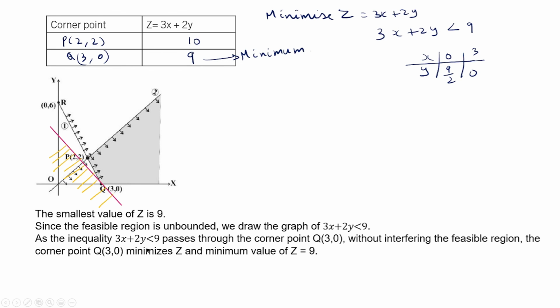As the inequality 3x plus 2y less than 9 passes through the corner point Q(3, 0) without interfering with the feasible region, the corner point Q(3, 0) minimizes z and the minimum value of z is 9. The minimum value of z is 9 when x is equal to 3 and y is equal to 0. So this is the optimal solution.